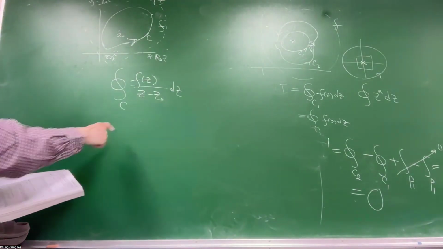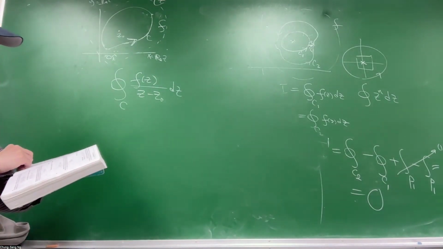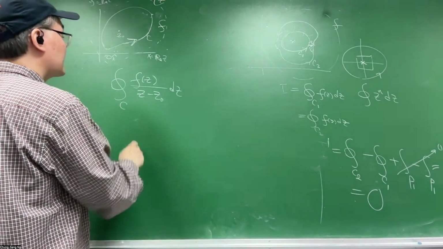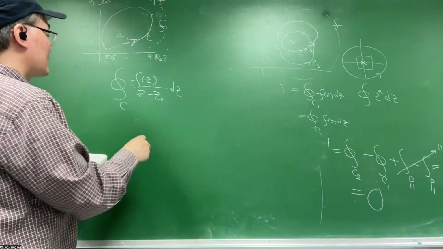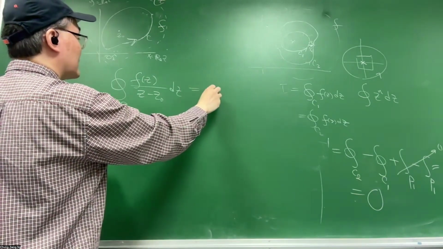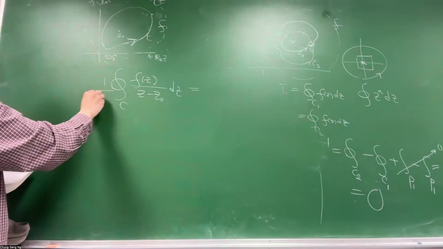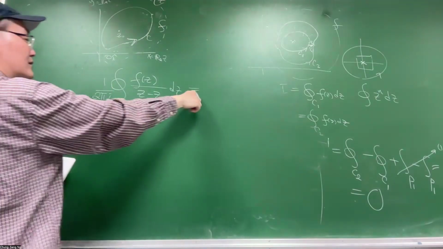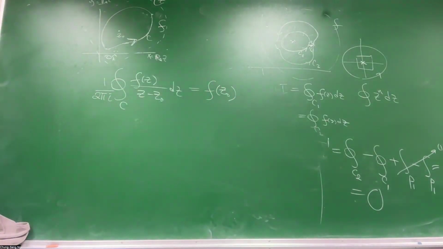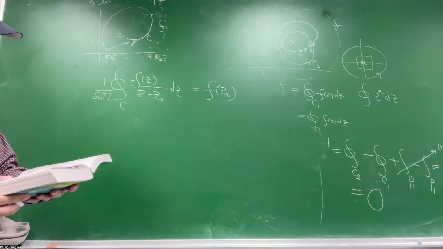Try to evaluate that, and the formula is that this is just equal to 2 pi i times f of c sub 0. Or, if you want, your text divides by 2 pi i. It doesn't matter. This is the f value at c sub 0. So that is the Cauchy formula.